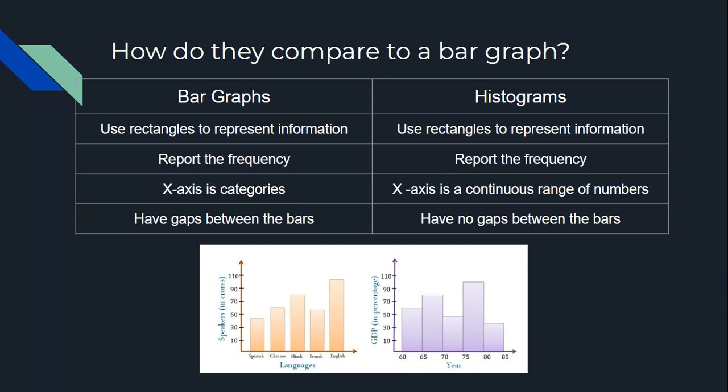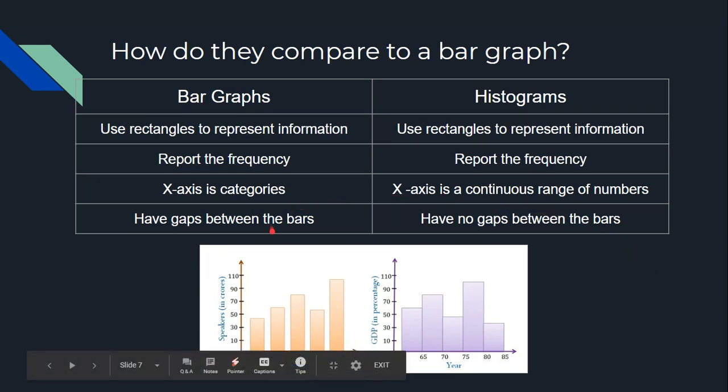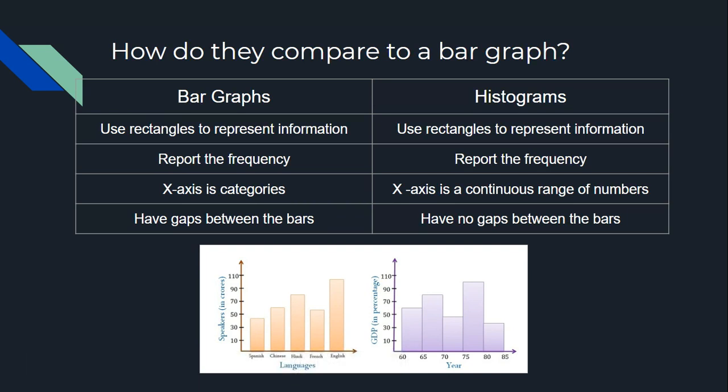What's different is how the x-axis looks. In a bar graph over here, if you notice, the x-axis is actually categories. There's Spanish, Chinese, French, etc. Whereas the x-axis on the second one is a range of numbers, 60 to 65, 65 to 70, 70 to 75, etc.